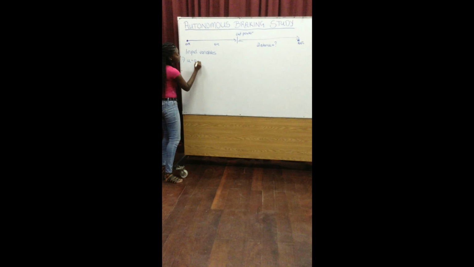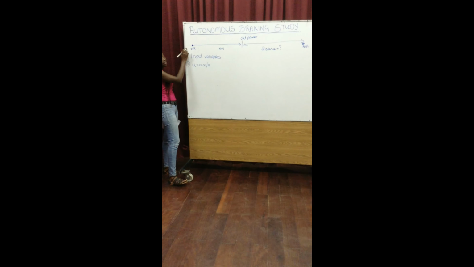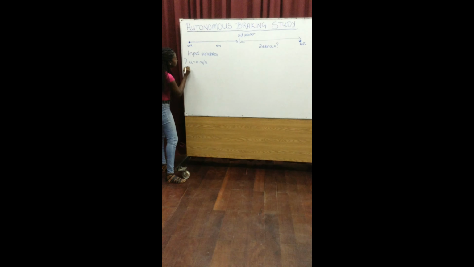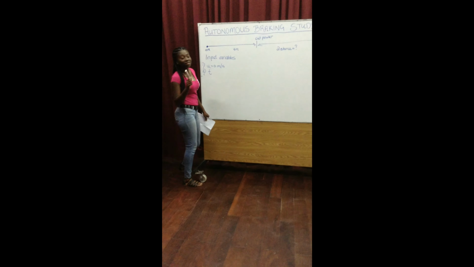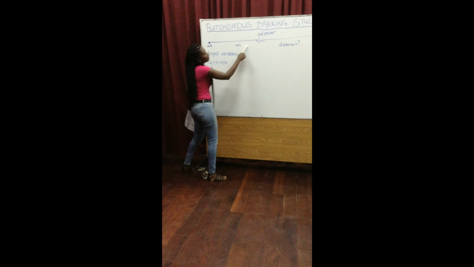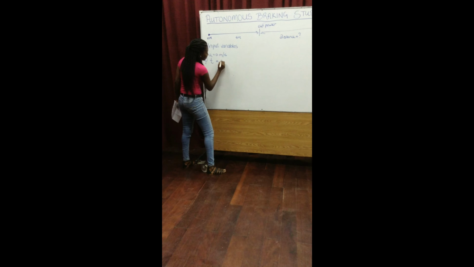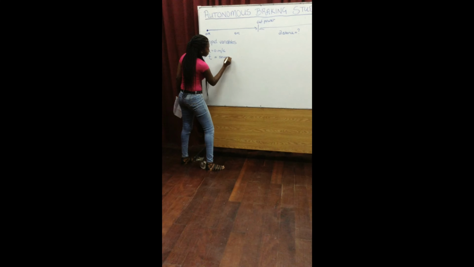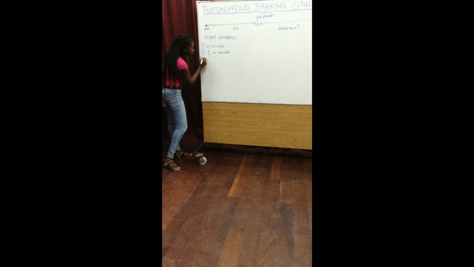This will be 0 meters per second, because we know our car starts off at 0. Our second input variable will be time, which is the time taken for the car to cover the 5 meter mark. This will be denoted in seconds. And the final one, acceleration.